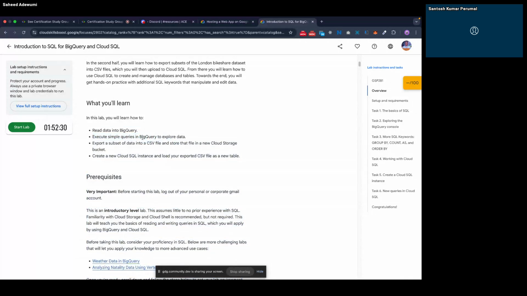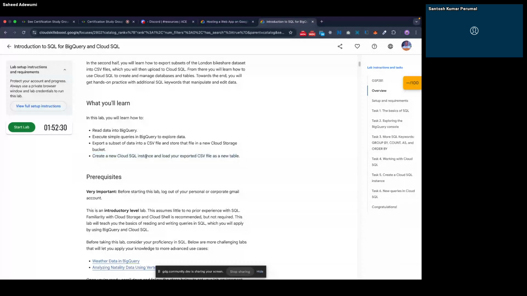So what we want to do is migrate our data from SQL and move it to BigQuery for analysis, export a subset of data into a CSV file like an Excel spreadsheet, and store the file in a Cloud Storage bucket, create a new SQL instance, and load the exported CSV as a new table.